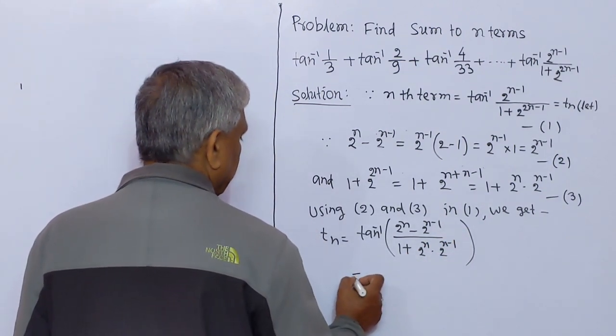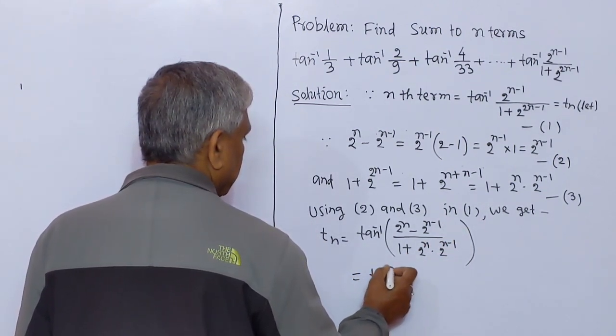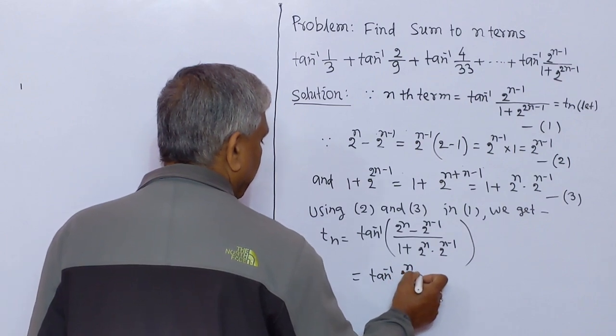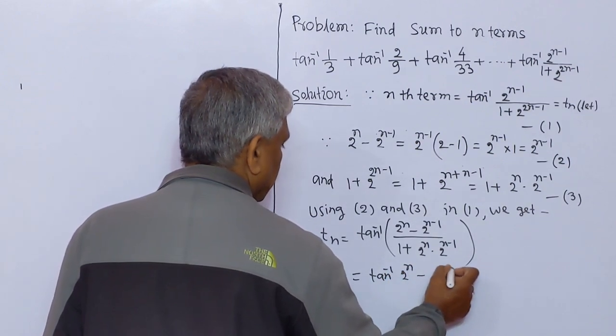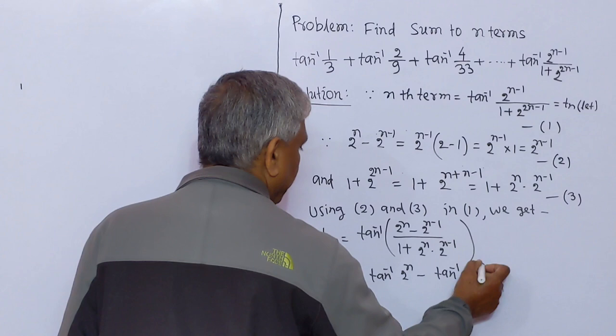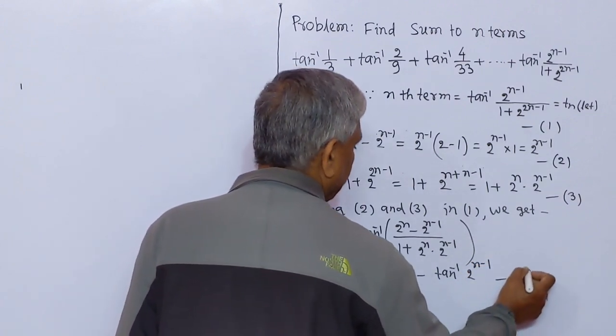And this will be equal to tan inverse 2 to the power n minus tan inverse 2 to the power n minus 1. Let this be number 4.